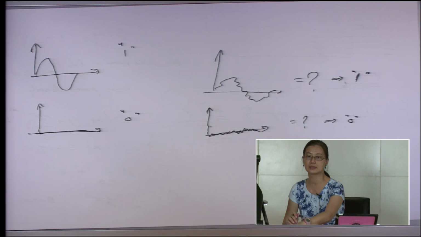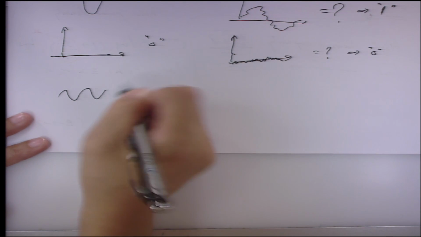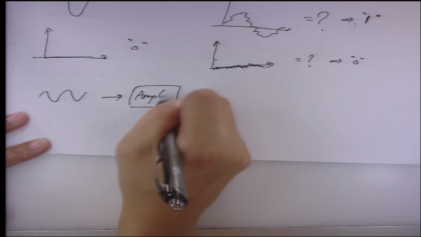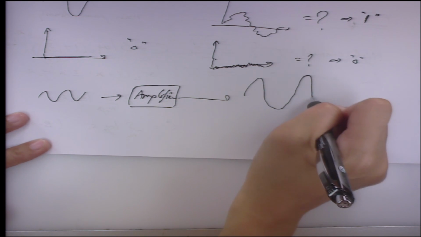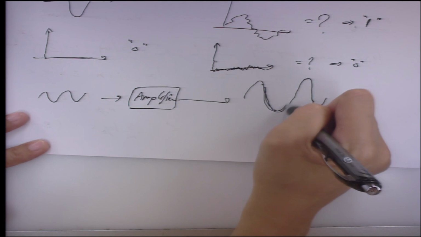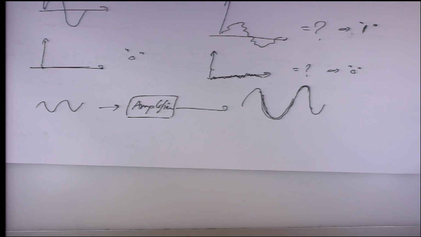If you look at this, for an analog signal, if it's like this, you go to the amplifier, and you get something like this. It's the same shape, but it's bigger. Maybe not very nice.